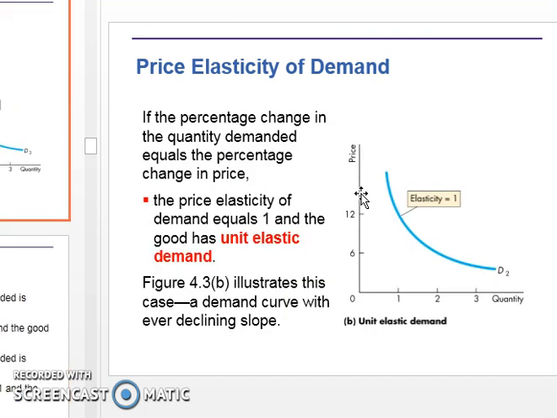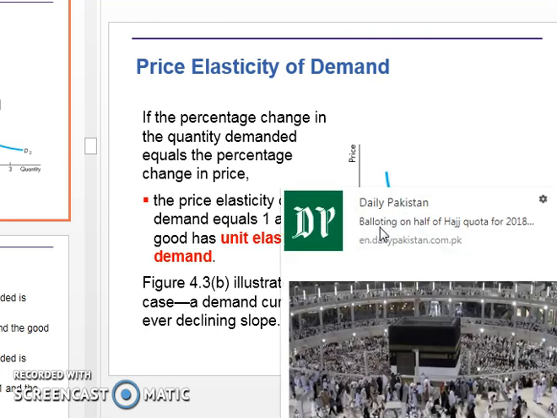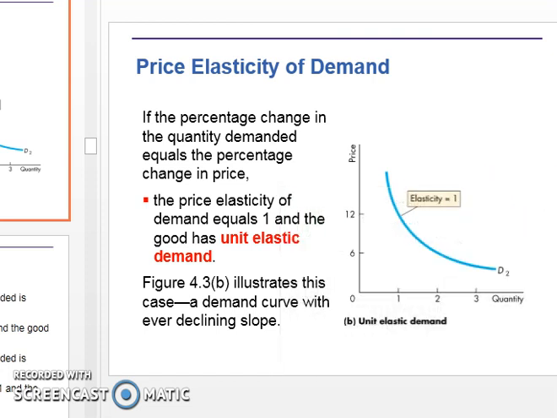Now in between these two cases is a case which is called unit elastic. Unit means 1, so when we calculate elasticity and the answer is 1, this is called the unit elastic case. It refers to a 1% change in price bringing a 1% change in demand, and the nature of the goods is sometimes called normal goods, which can be used in daily routine life.